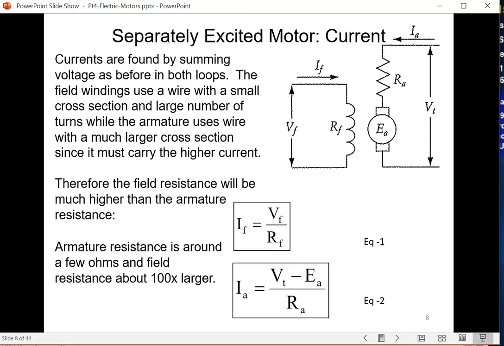If I look back at that equation, that means to maintain the same current, you will need a higher input voltage. If the input voltage for the armature winding is not going up, then the current will come down. So if you fix a supply voltage, the current will go down in the armature winding.